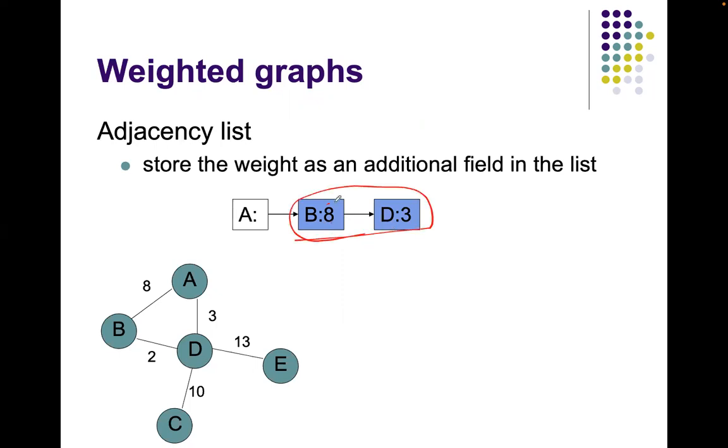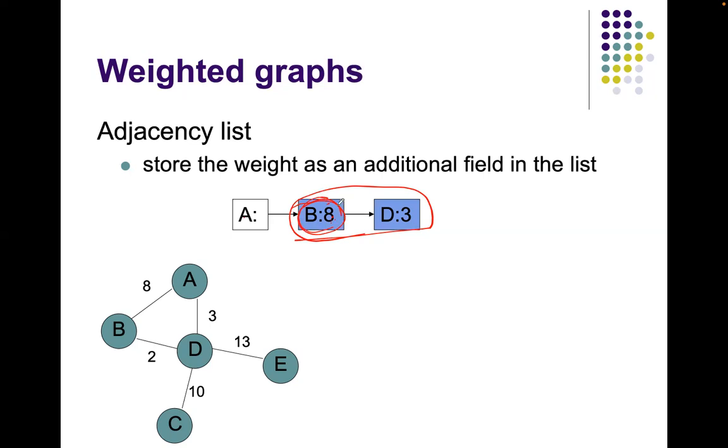Obviously here we can represent them like a structure or an object, where each node will have the name of the node and the associated weight from A to B. When A has a list of edges, B and D, each node will also be associated with the edge by which A is connected with this node.